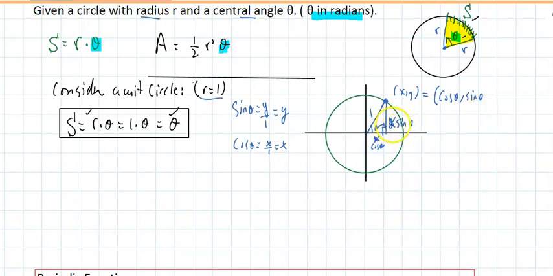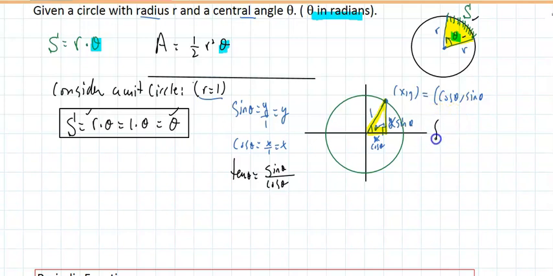And if I'm looking at this right triangle, I know that tan of theta is the opposite over the adjacent.